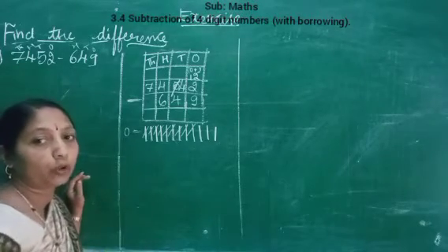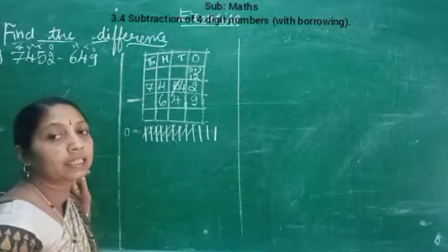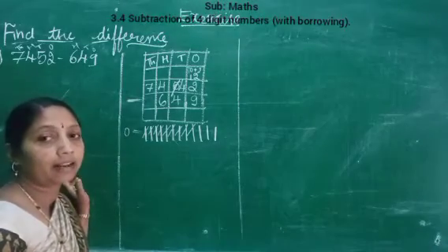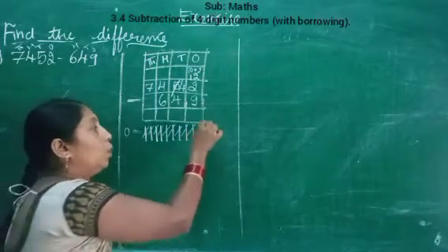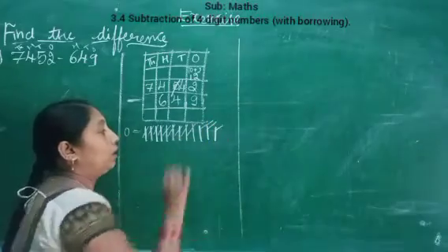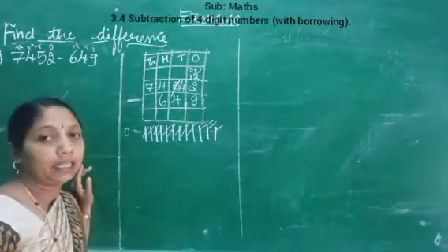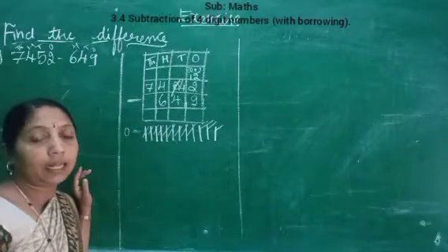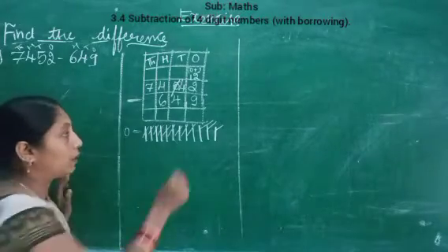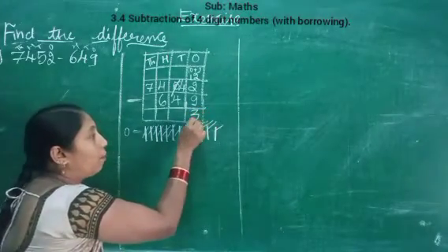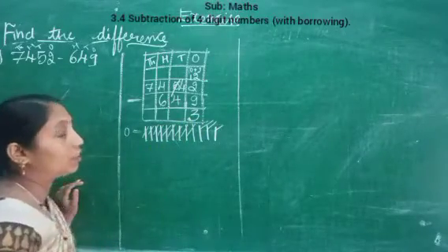How many lines are remaining? Count the lines and tell me: 1, 2, 3. 3 lines remain. We put 3 in the ones column. That completes the ones column.